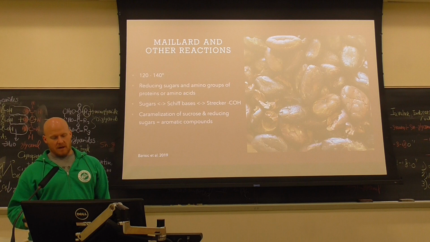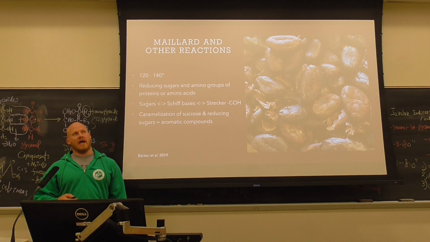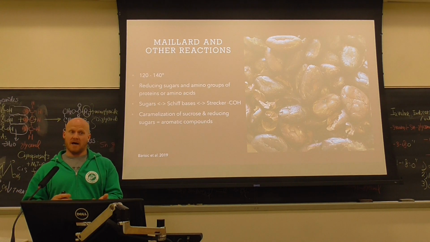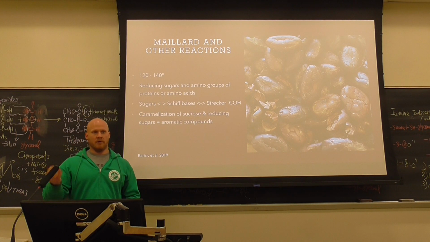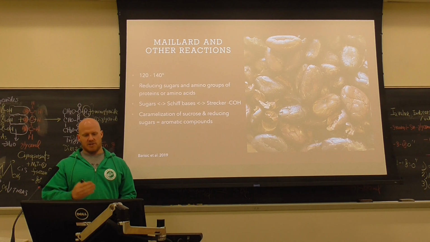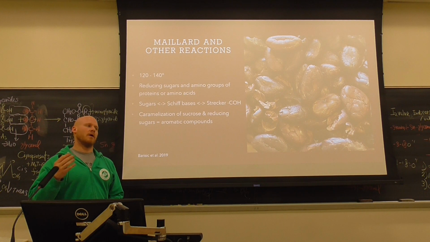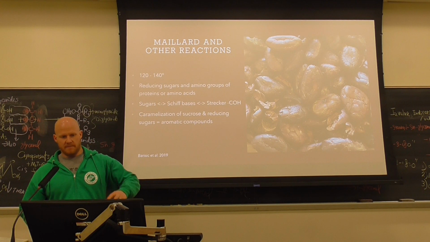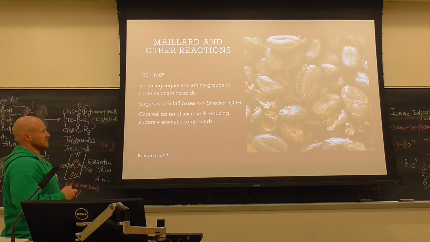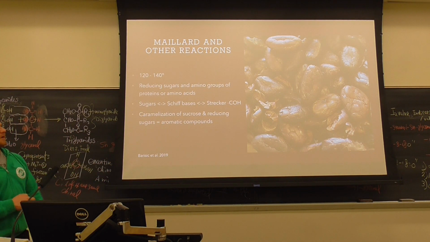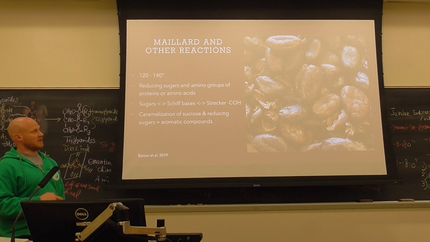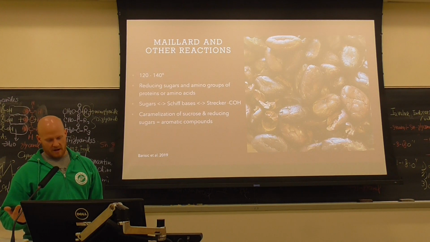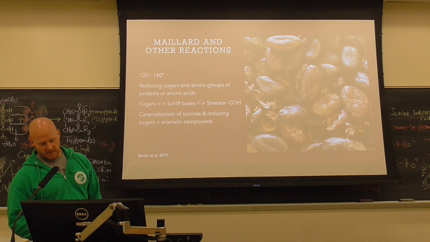Now, like I said, some amines, some free amino acids are formed during fermentation, and then some aldehydes, but roasting, and in particular the Strecker degradation and Maillard reaction, is more effective at forming those aldehydes than fermentation. This is a super broad overview, but sugars can be converted to Schiff bases, and can be degraded to Strecker aldehydes.